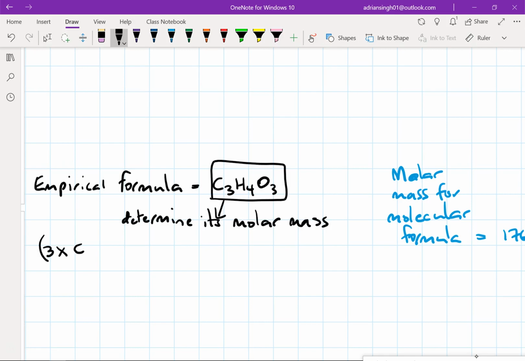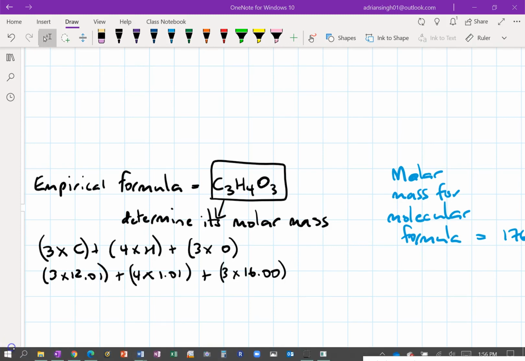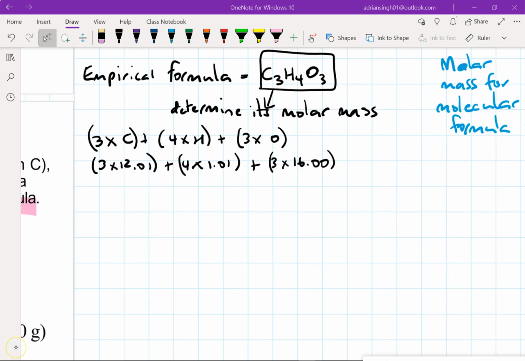So we have 3 carbons plus 4 hydrogens plus 3 oxygens, so 3 times 12 plus 4 times 1 plus 3 times 16. That's going to give us 88.06 grams per mole. So that is our empirical mass.